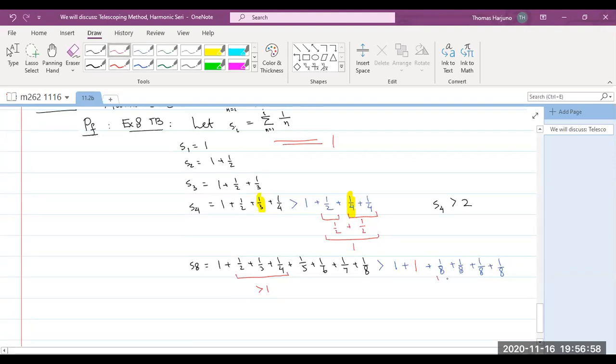Which gives us another 1/2. Which means S8 is greater than 1 plus 1 plus 1/2, which is 5/2.